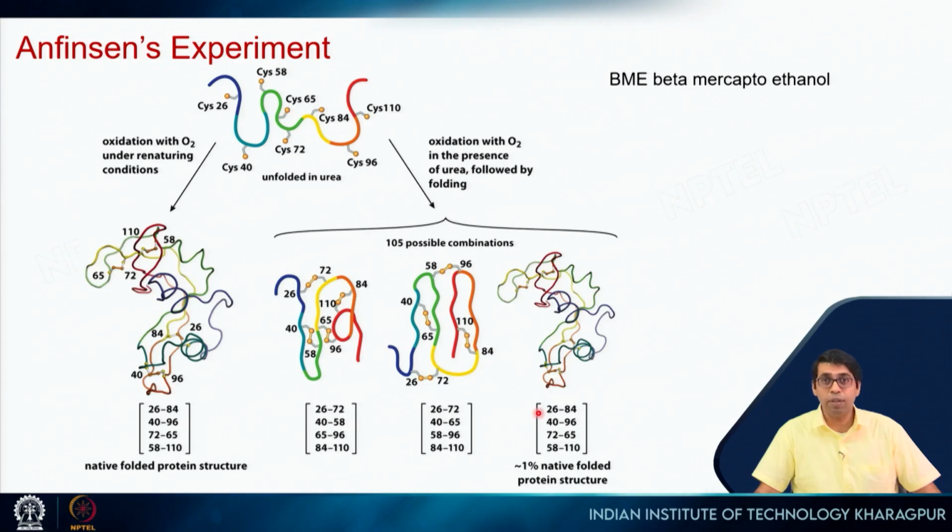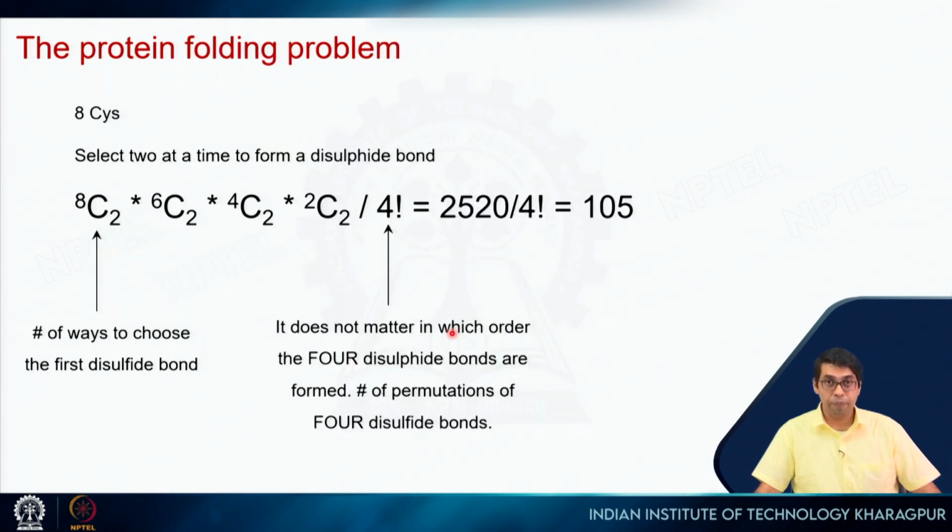In this case, he found only 1% activity. So he is doing the exact same thing. He is removing urea and he is passing oxygen. All he did was change the order. Here he removed urea first and then oxidized. In this case, he oxidized first and then removed urea. Here he got 100% activity, here he got 1% activity, which was an amazing result, right?